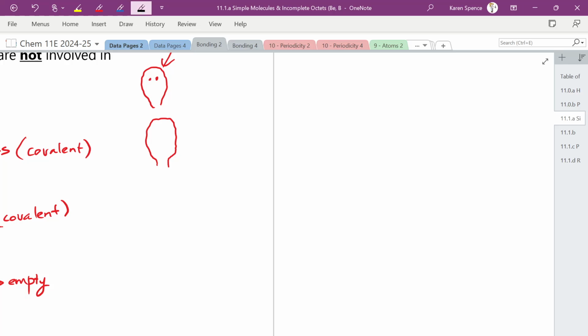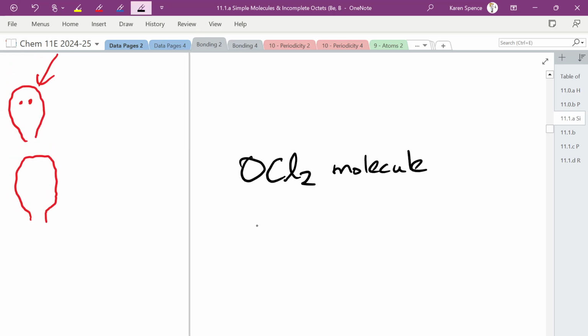So if I asked you to make an OCl2 molecule, what would that probably look like? You have an O and an O and a Cl.